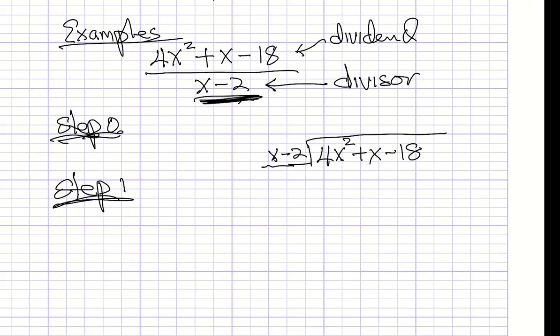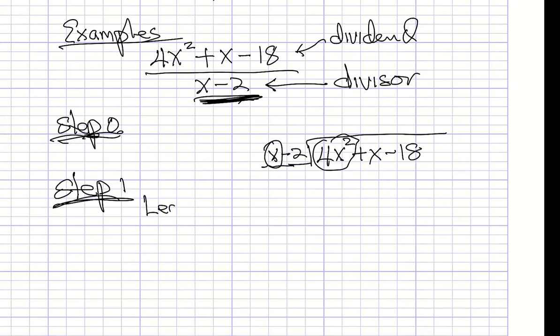Ask yourself, what is the leading term of the divisor? That's that there. What is the leading term of the dividend? That's that there. So the idea is, you take the leading term of the dividend, and you divide it by the leading term of the divisor. Let me write it down, that way you understand.